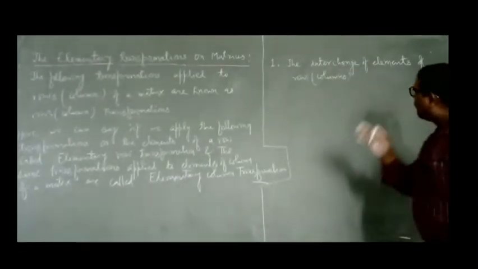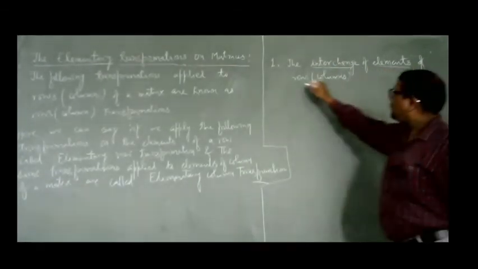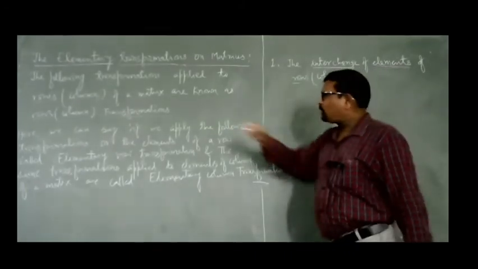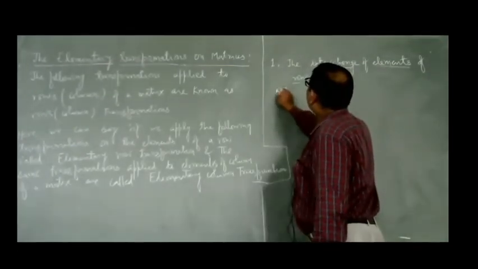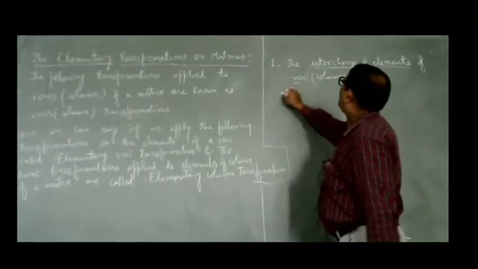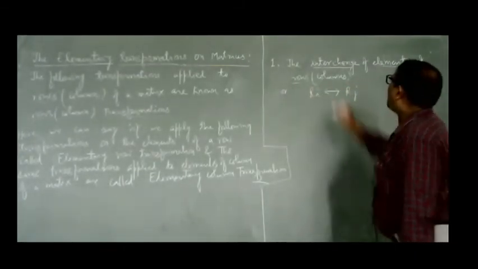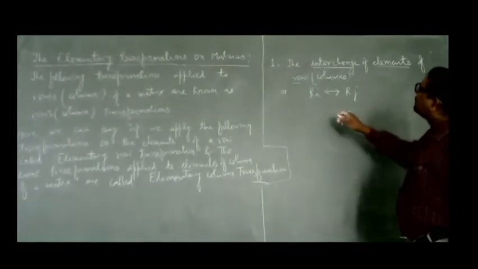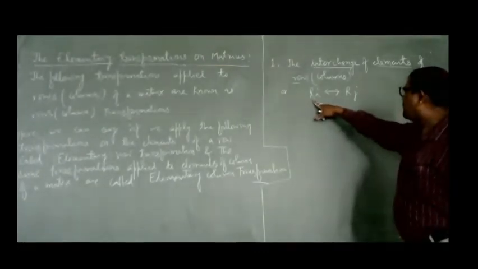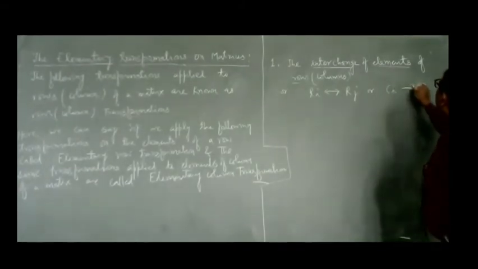Meaning thereby, when we apply the interchange of elements of rows, this is the first row transformation. For example, Ri is interchanged with Rj, meaning the ith row of the matrix is interchanged with the jth row of the matrix. Or you can say Ci is interchanged with Cj.